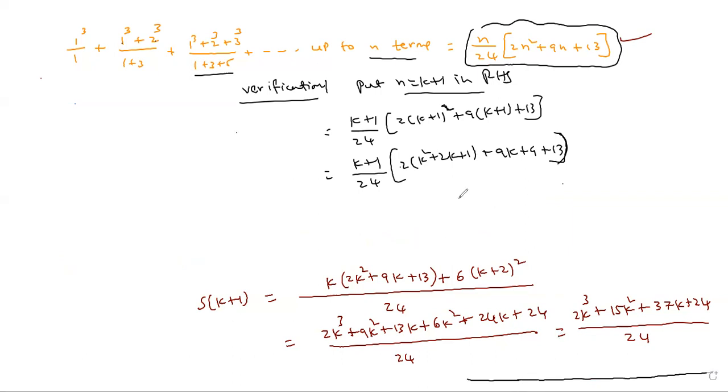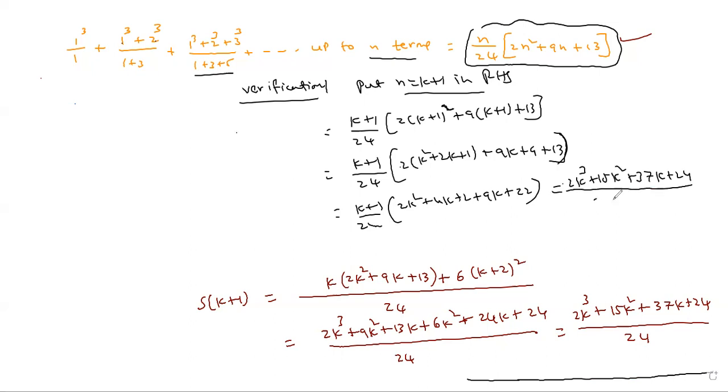Okay, this is also part of the solution. Expand. k plus 1 by 24 into 2k square plus 4k plus 2 plus 9k plus 9 plus 13, 22. Again expand all this. In the expansion automatically you get the same thing. This only you get. Look, 2k square into k, 2k cube, 4 plus 9, 13k into k square.